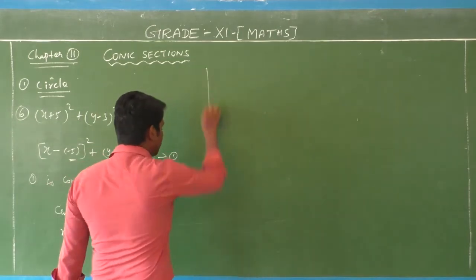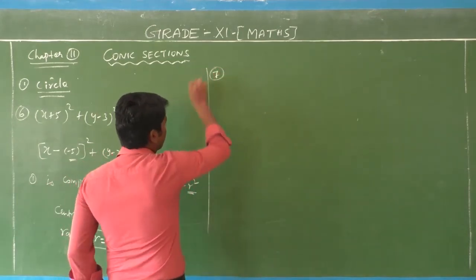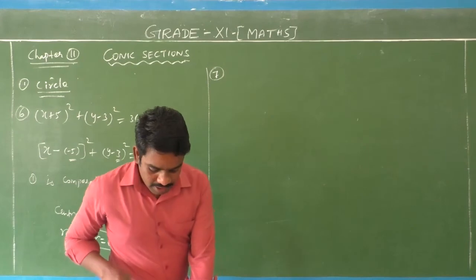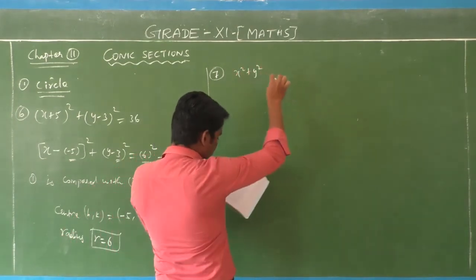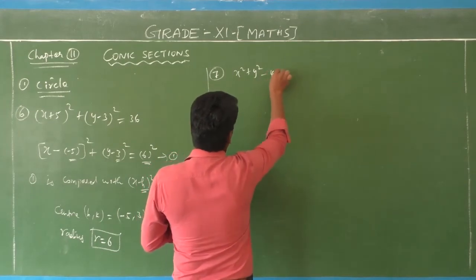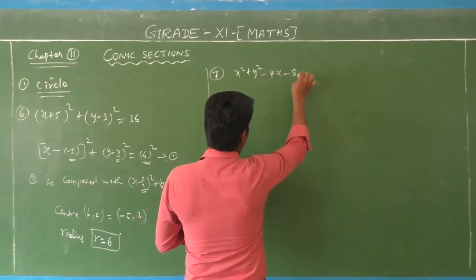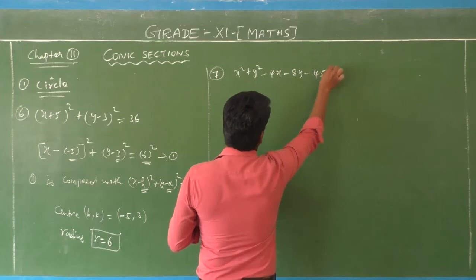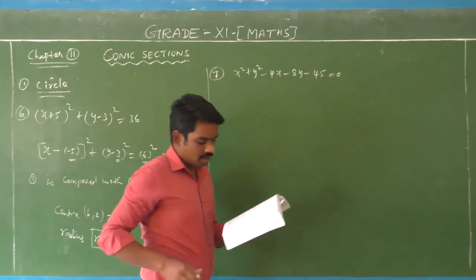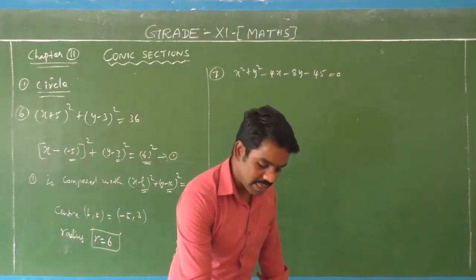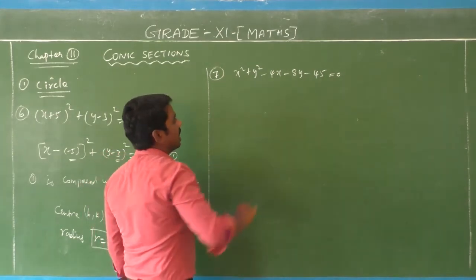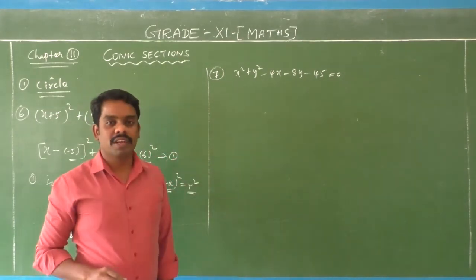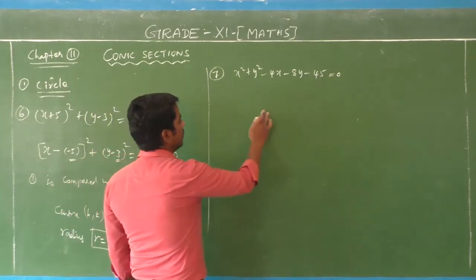Next, the 7th question. Listen. Question number 7: x square plus y square minus 4x minus 8y minus 45 equal to 0. This is the given equation of a circle.